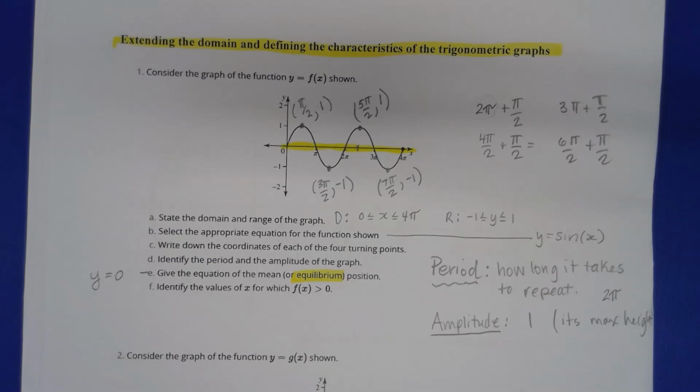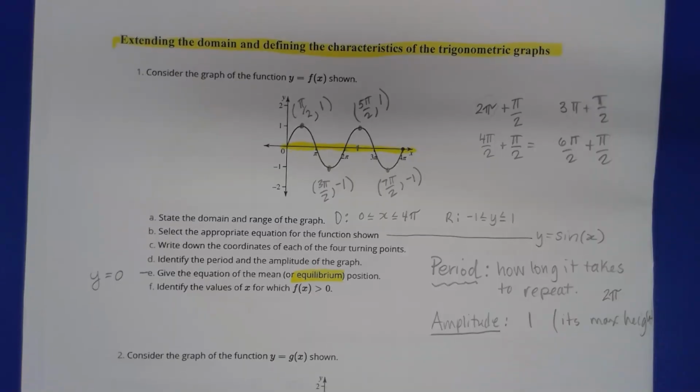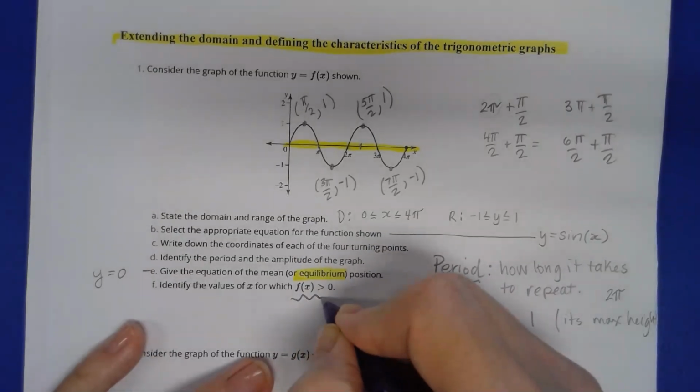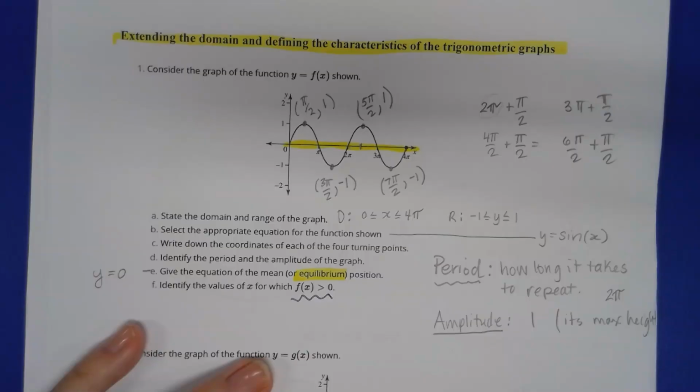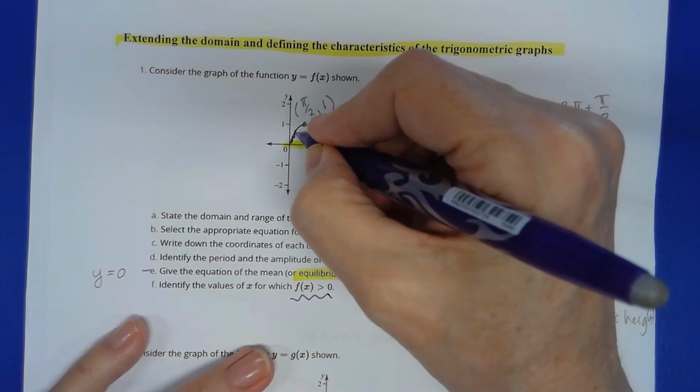Sometimes, eventually that's going to move up or down or whatever, okay? Identify the values for which f of x is less than 0. What do you reckon? What does less than 0 mean in a graph? So quiet. Okay, so it says greater than, sorry, not less than. F of x is greater than 0. So it's greater than 0 up here.